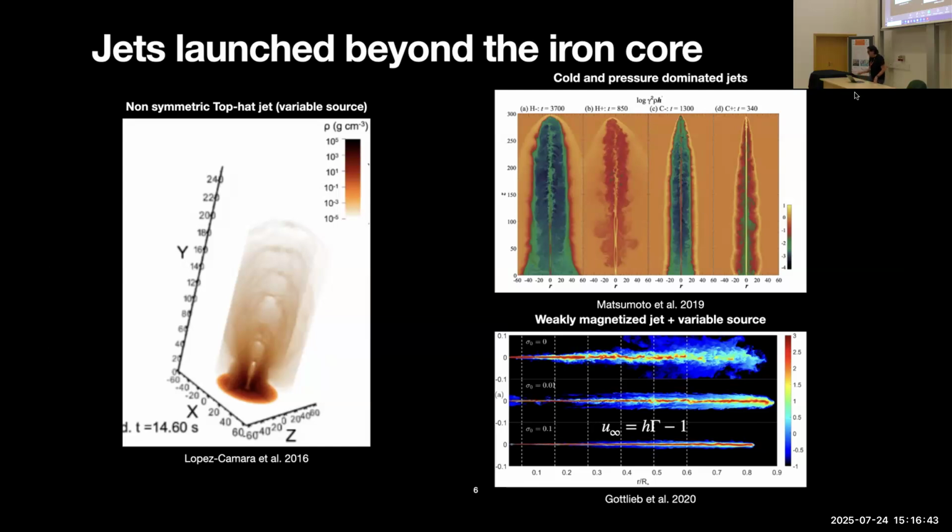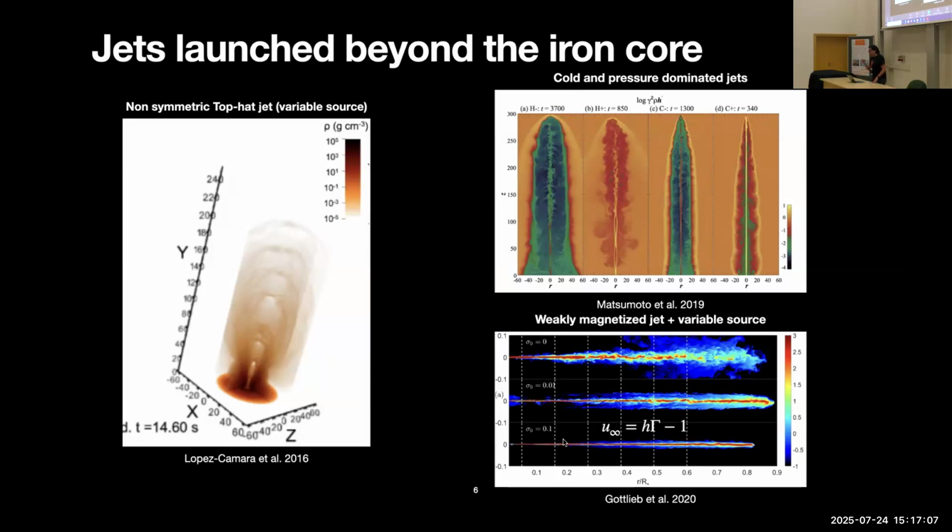But another important point is that the jet morphology, let's say the cocoon, changes depending on which component of the energy dominates. If the thermal energy dominates, we have more extended cocoons, and if the kinetic energy dominates, the jets are more slim.